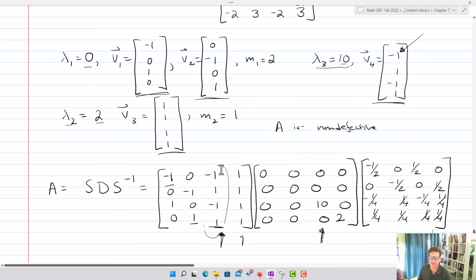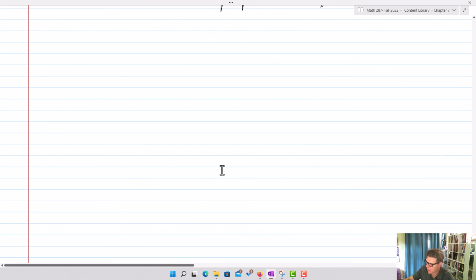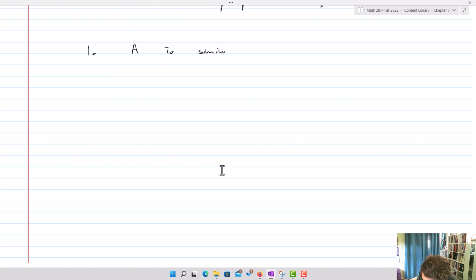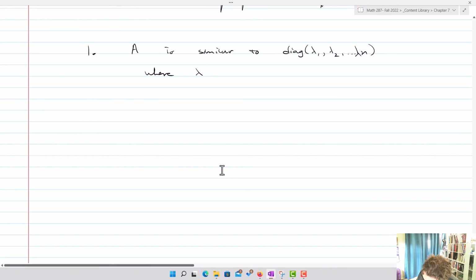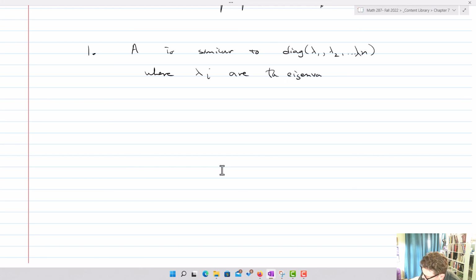Let's review some important things. 1, A is similar to diag of lambda 1, lambda 2, all the way up through lambda n, where each lambda i is an eigenvalue of A, if A is non-defective.